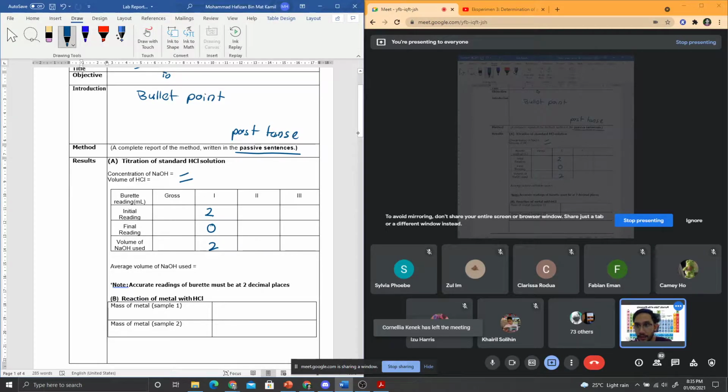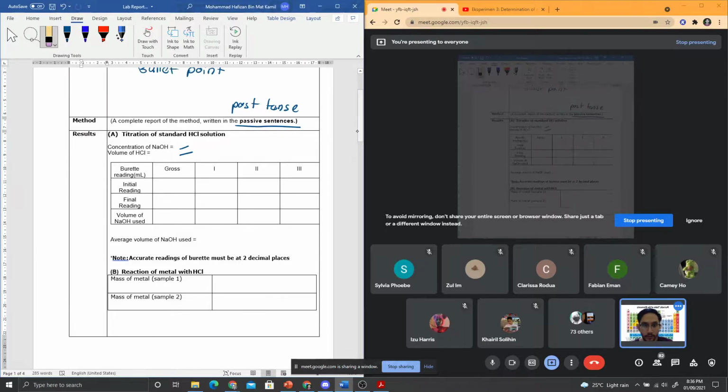Another thing, okay, another crucial thing is here. Okay, untuk titration we have 4. So kita ada gross, first reading, second reading and third reading. The function of gross reading, the only reason why we have gross, sebab kita nak tahu the general amount of for example NaOH use.